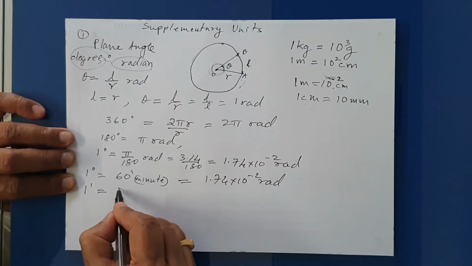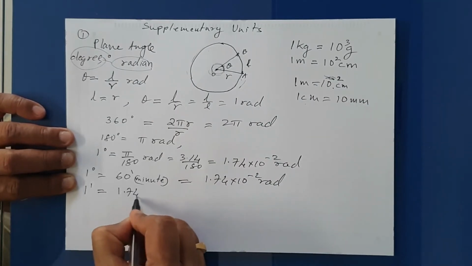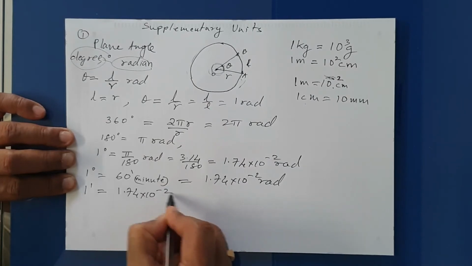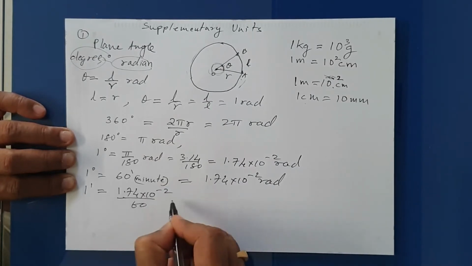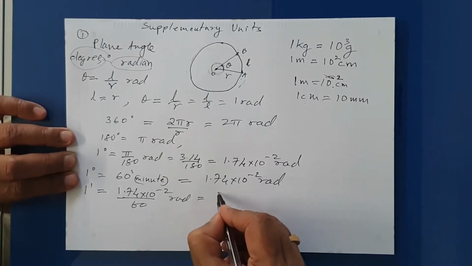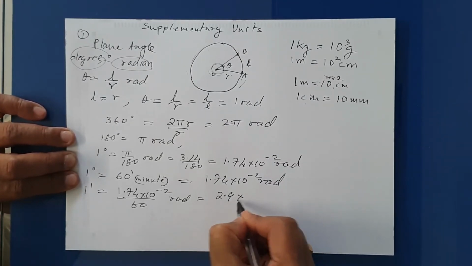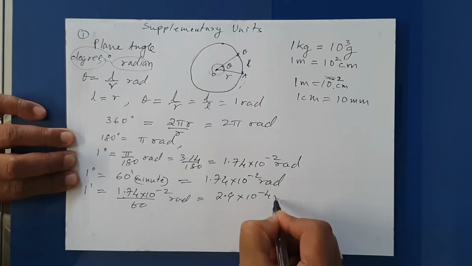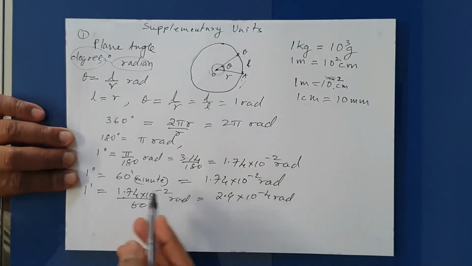Therefore, 1 minute will be 1.74 into 10 raised to minus 2 divided by 60 radian, which is approximately 2.9 into 10 raised to minus 4 radian. You can calculate using a calculator.